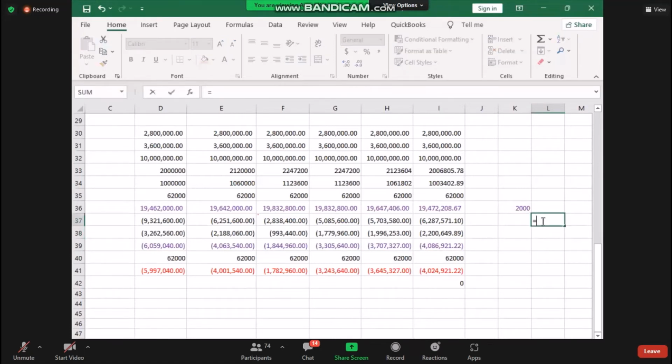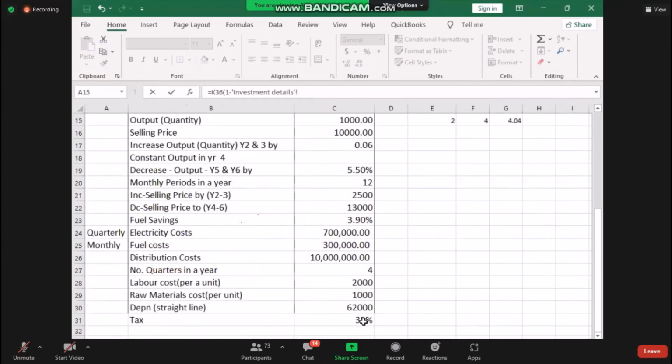You just put equal sign, get the salvage value into brackets, or multiply it by the tax component, but the formula is 1 minus the tax. Now the tax is 35%. So you say 1 minus the tax of 35% from your table here. You close your bracket.